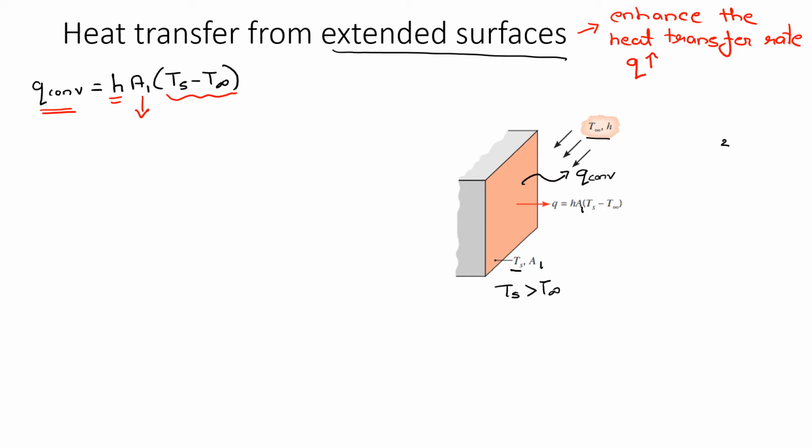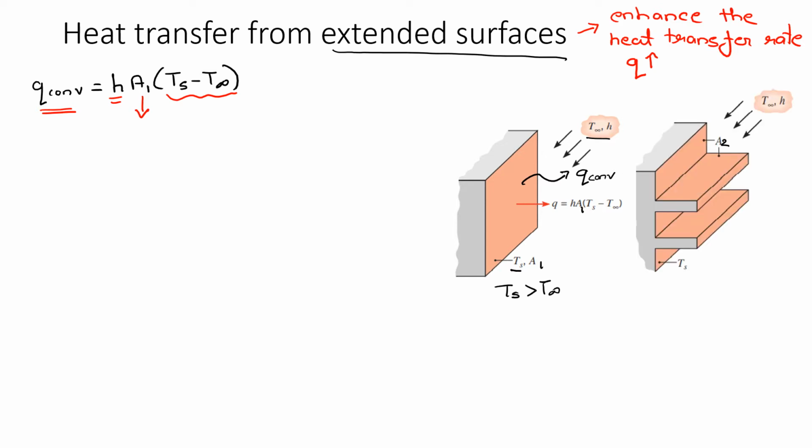So let's see how we can increase the area. What we do is we introduce extended surfaces like these to the base, which increases the effective area through which heat transfer is occurring from A1 to A2. So now your A2 is greater than A1.